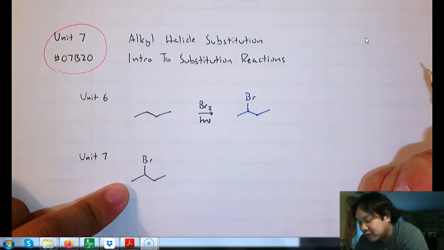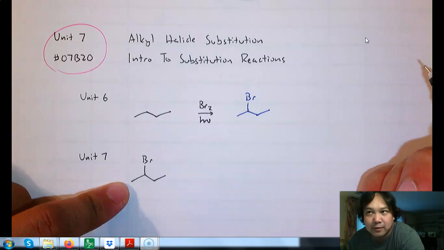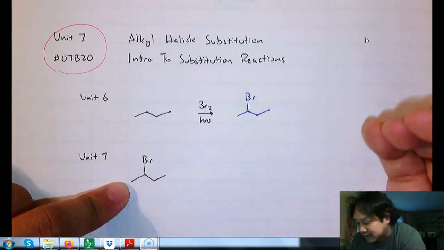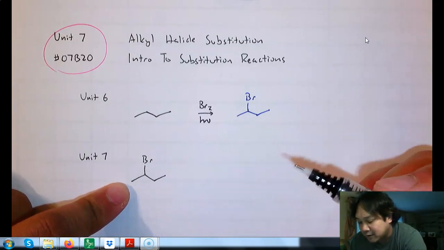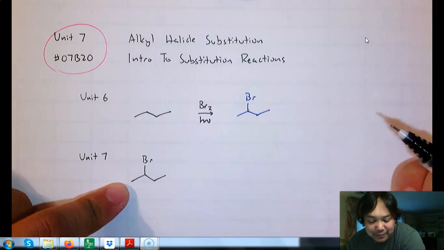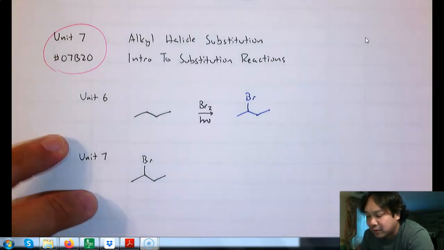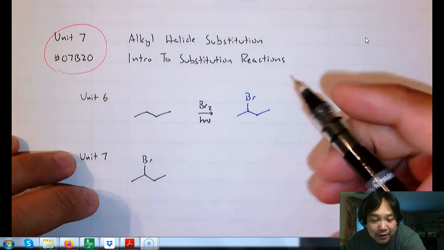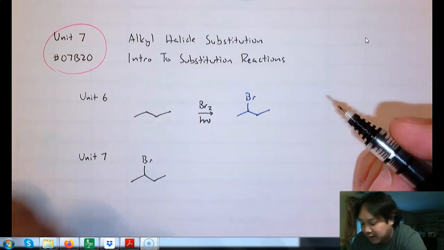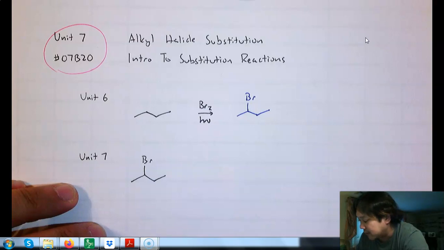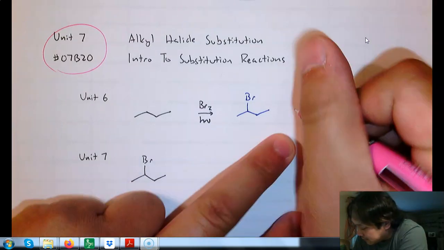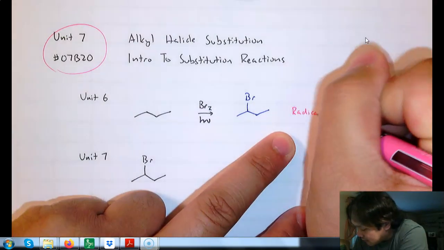The substitution reactions are not radical reactions. They actually move in the mechanism 2 electrons at a time. So we're back to our normal mechanism arrow, where we're using full arrows and not fishhook arrows like we did in radicals. Let me just write this radical halogenation.